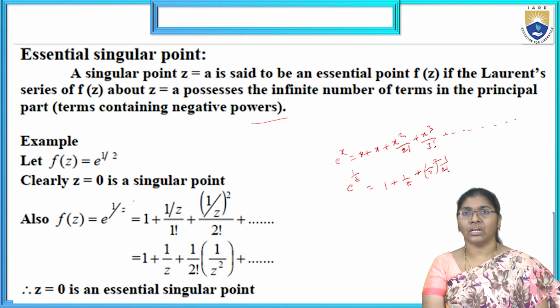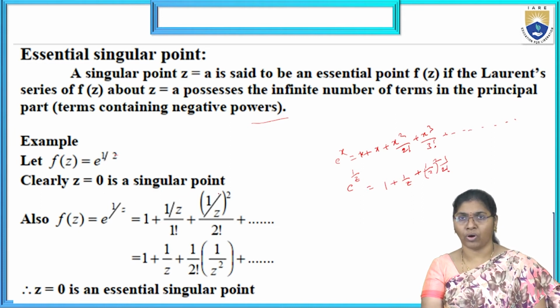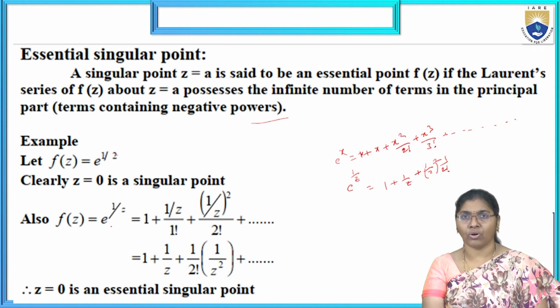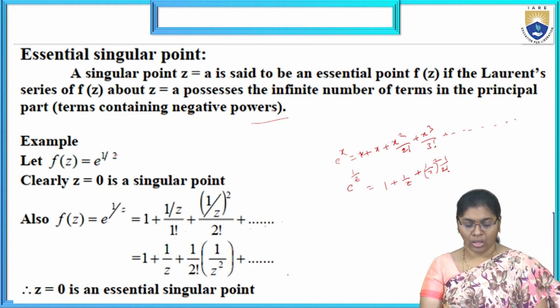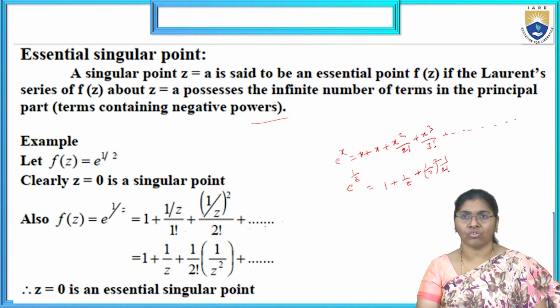Then clearly z equal to 0 is the singular point. f of z equal to e power 1 by z equals 1 plus 1 by z by 1 factorial plus 1 by z whole square by 2 factorial, and so on, that is 1 plus 1 by z plus 1 by 2 factorial into 1 by z square plus 1 by 3 factorial into 1 by z cube, and so on. Here z equal to 0 is an essential singular point.